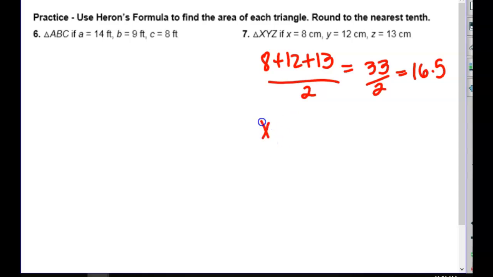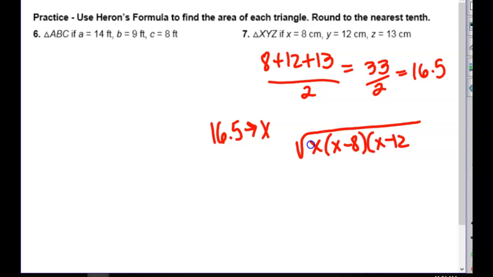So this would be a good one to store. So I'm going to put 16.5 into X, and then I'm actually going to type X times X minus 8 times X minus 12 times X minus 13.